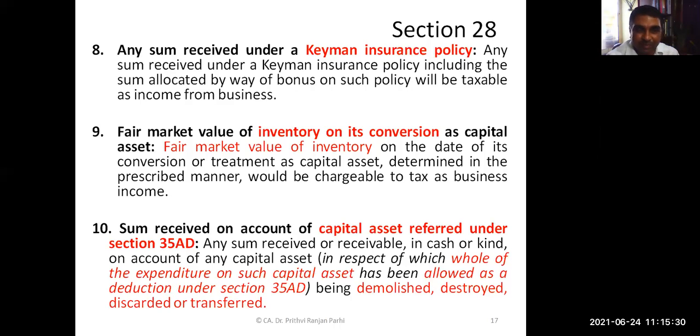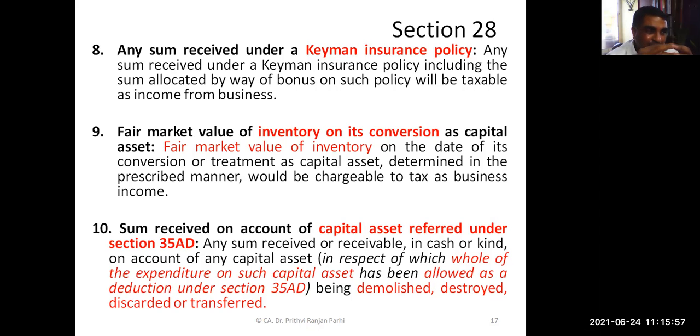Next concept is sum received on account of a capital asset referred under section 35AD. 35AD we will be learning later. If a business house purchases certain assets for some specified businesses which are mentioned under section 35AD, not all businesses, certain specified businesses, then what happens?